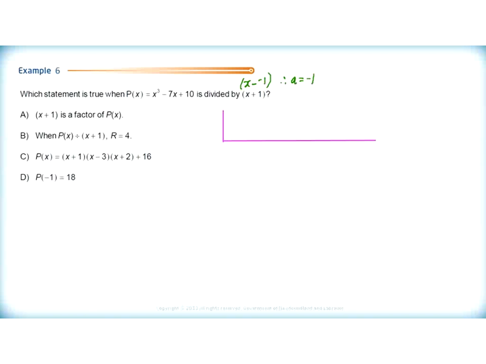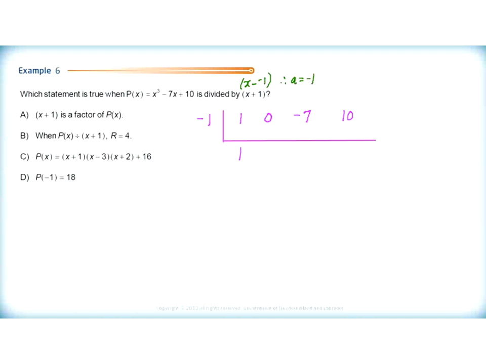So we have negative 1, and in terms of the polynomial itself, the coefficient of your cubic term is 1, but there is a missing quadratic term. So we put in 0 as the coefficient of your quadratic term, negative 7 as the coefficient of your linear term, and 10 as your constant term.